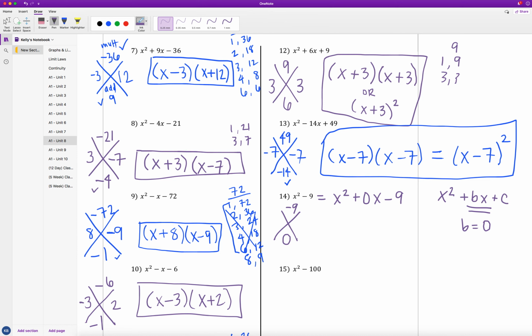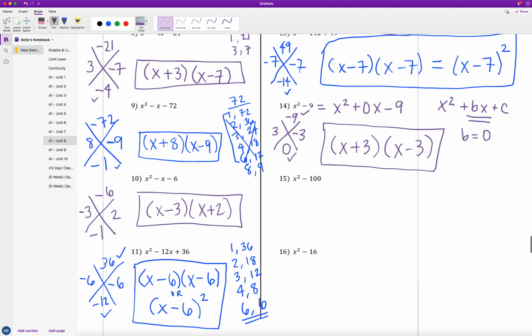Conveniently, factors of 9 would be 3 and 3, so I can use 3 and negative 3. And this will work because 3 times negative 3 is negative 9, and 3 plus negative 3 will give me 0. So my factored form then would be x plus 3 times x minus 3. This was that case in our last video that was the difference of squares.